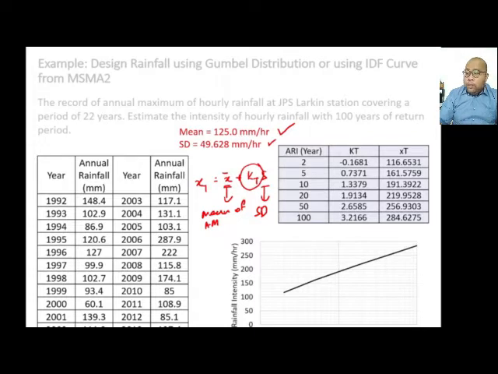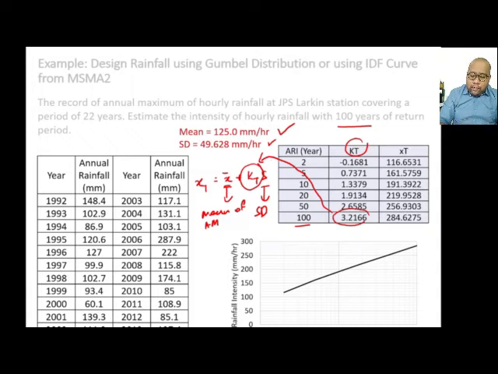And then you have K, the coefficient, which we call the frequency factor. You have a formula, and you can also obtain the value of the frequency factor by using this table as displayed here. So you have a KT, and since we want to find the return period of 100 years, so 100 years ARI, you just substitute the KT into the equation.